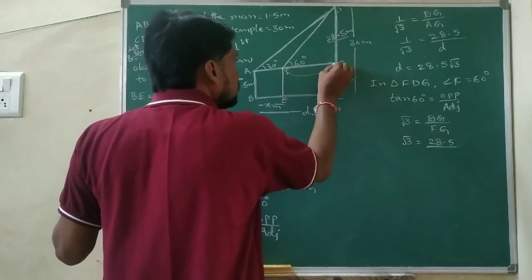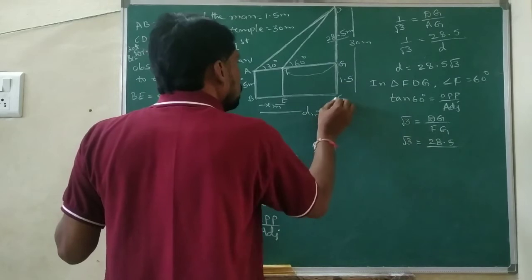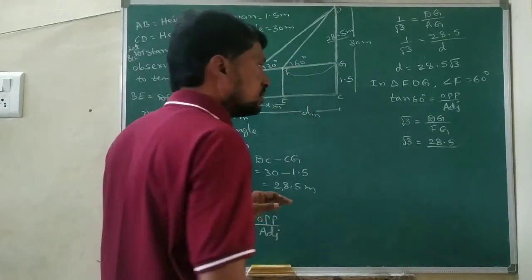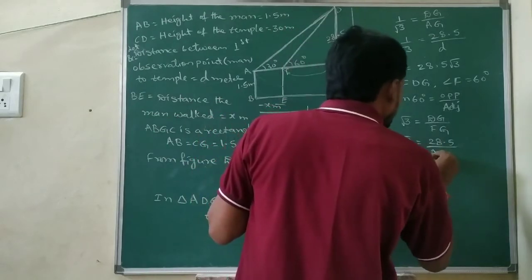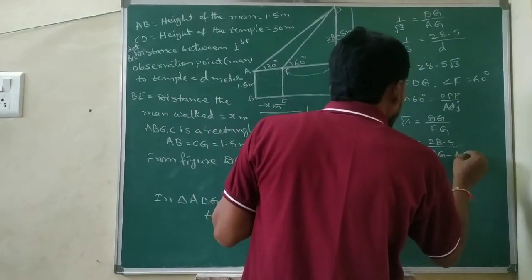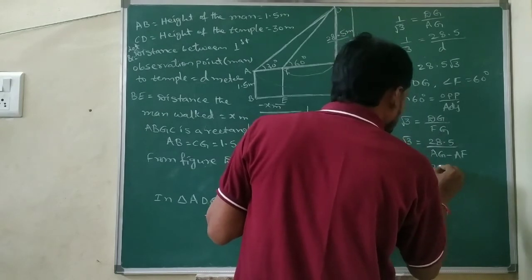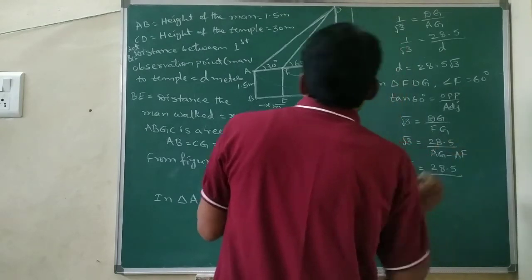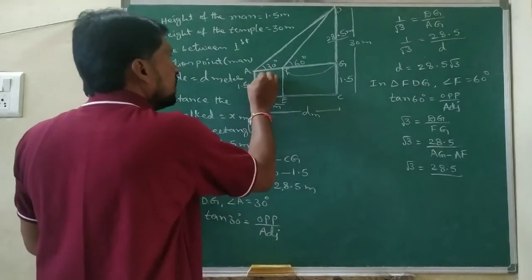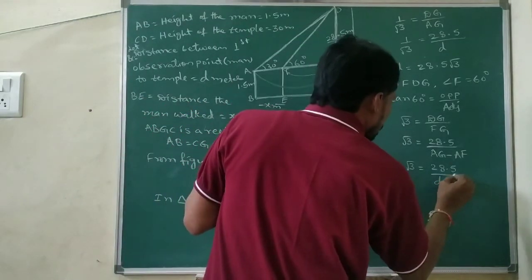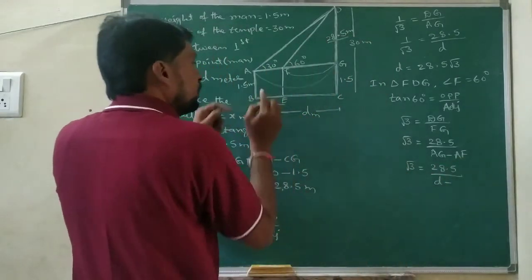How can we get FG? The total AG minus AF, subtracting, we can get it. So root 3 equals 28.5 by AG minus AF. The AG total value is D meters, minus the AF value which we took as X.